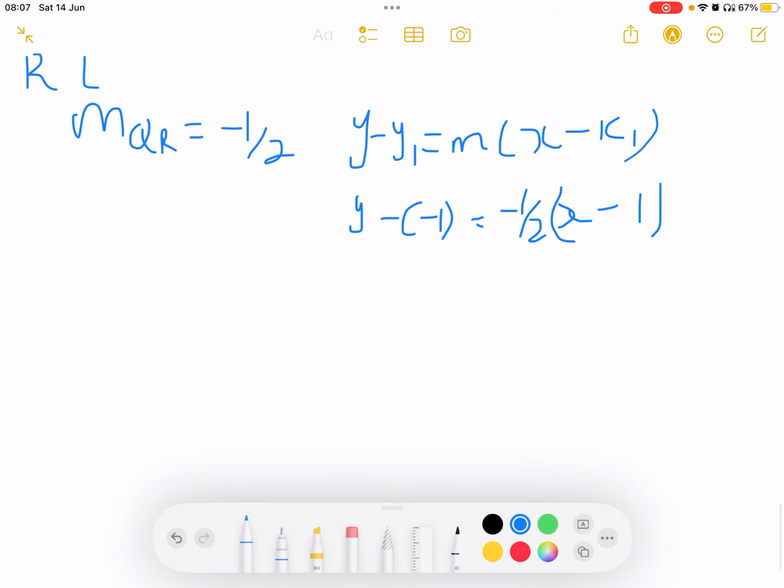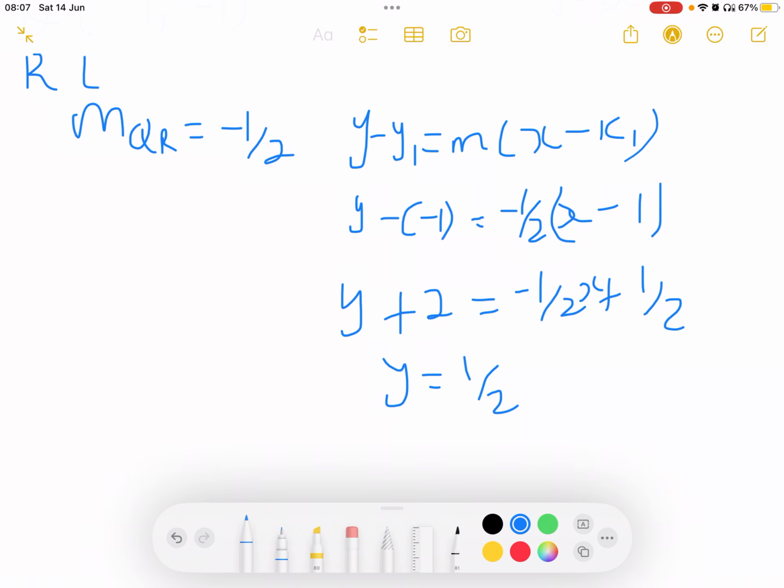That gives us y plus 1 is equal to negative a half x plus a half, and y is equal to negative a half x plus a half minus 1.